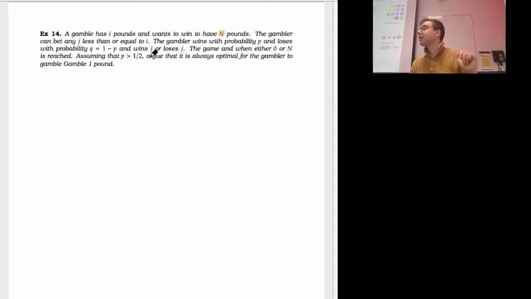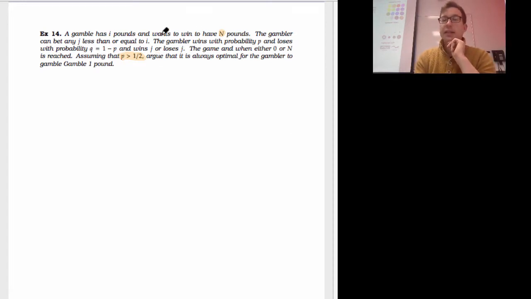Does that make sense? The game ends when either the gambler has lost all his money and got £0, or he's got N pounds. And for this question, we're going to assume that the probability of winning is bigger than a half.